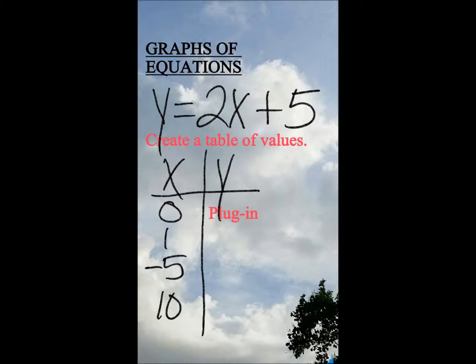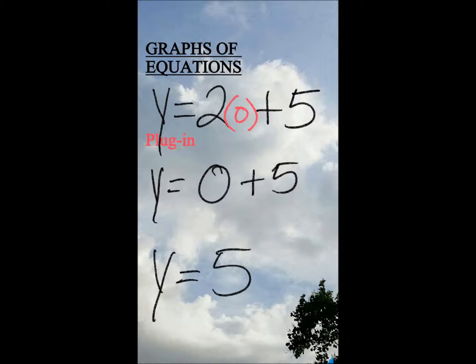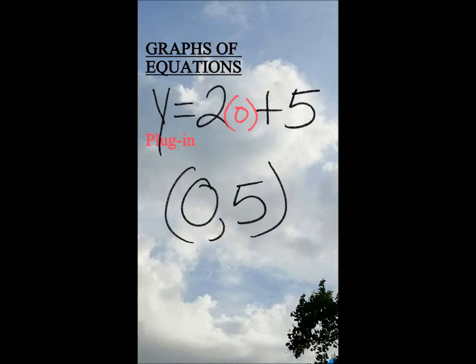We simply plug in the value for x. We'll use 0 first. So 2x plus 5. 2 times 0 plus 5, we get y equals 0 plus 5, which equals 5. Now we have come up with the first point on our table of values: 0 and 5.